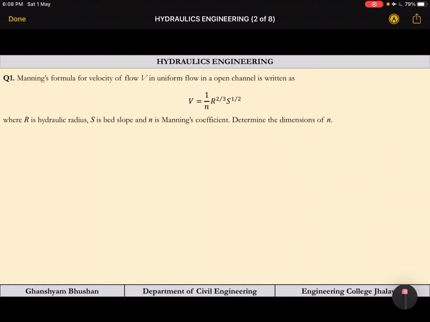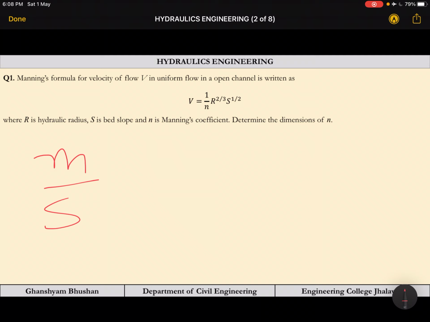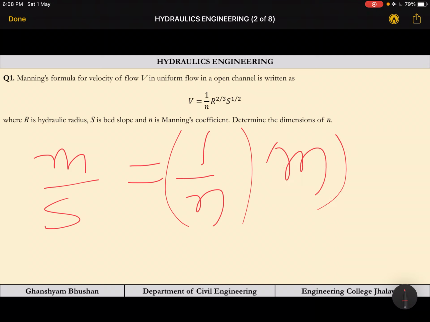Clear? So that means the dimension of the left hand side is meter per second. 1 by n, leave it as it is. R is radius, radius means meter raised to power 2 by 3, and s is slope. Slope has no dimensions, it is a dimensionless quantity. So n will be what?